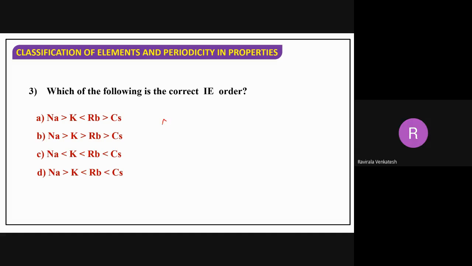Option B. The order is sodium, potassium, rubidium, cesium, so B is the option. Right.